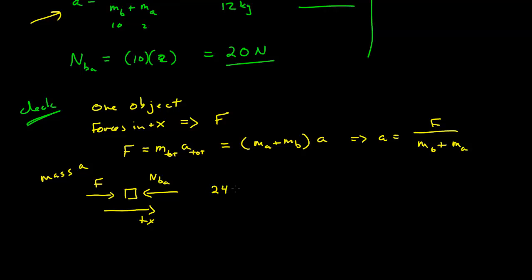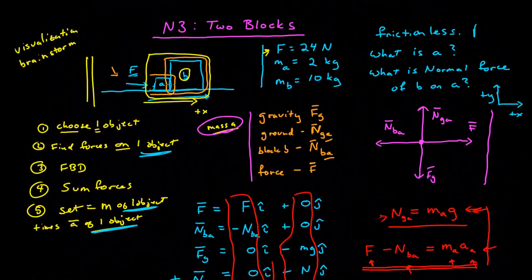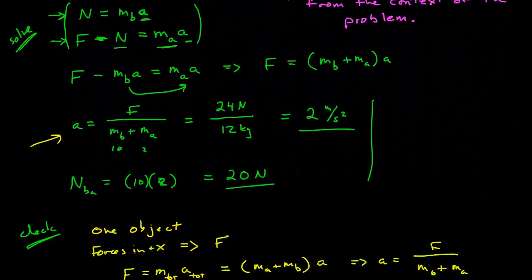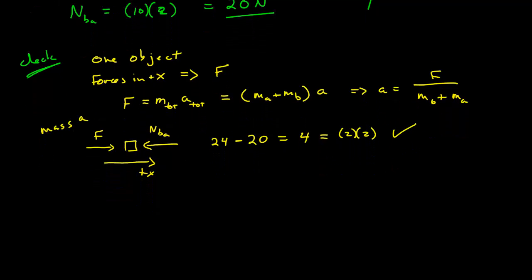So that was 24 minus the normal force of B on A, right? It's sandwiched between these two objects. And so we calculated that to be 20, and that's equal to a net force in the x direction of 4, which is equal to its mass times its acceleration. So that makes perfect sense.